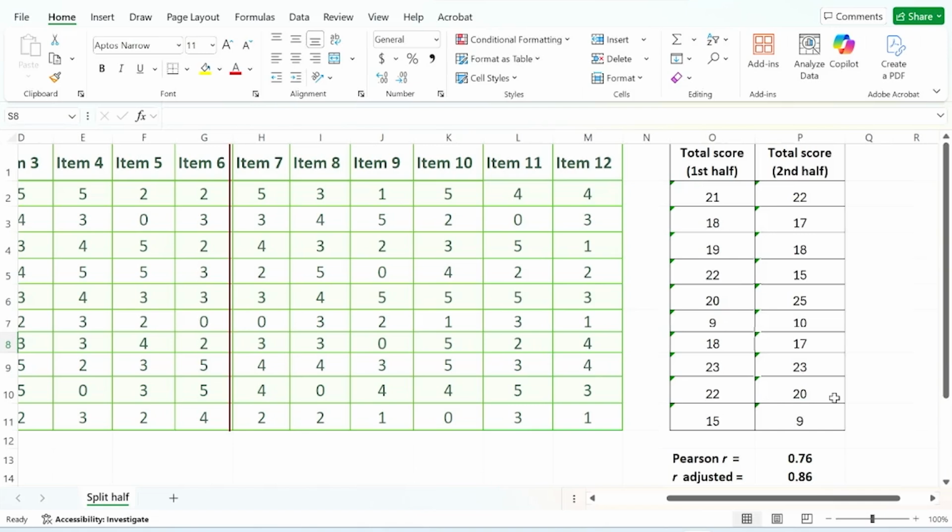You should get something like this. I give you the answer here. Look at it whether you get something similar. So this one, your Pearson, get your Pearson R here, by the way.